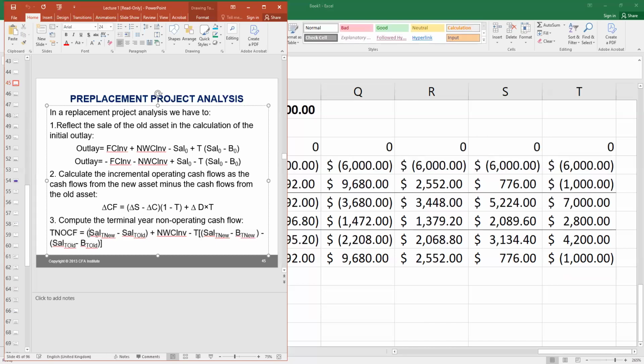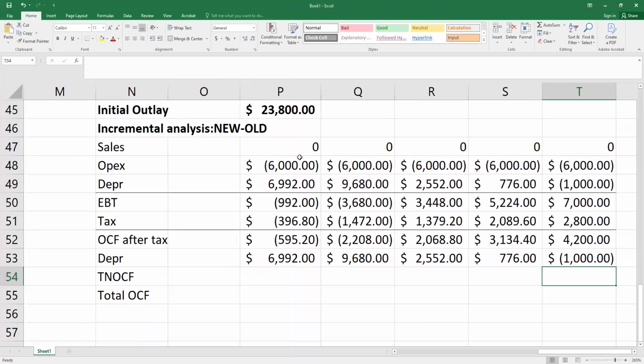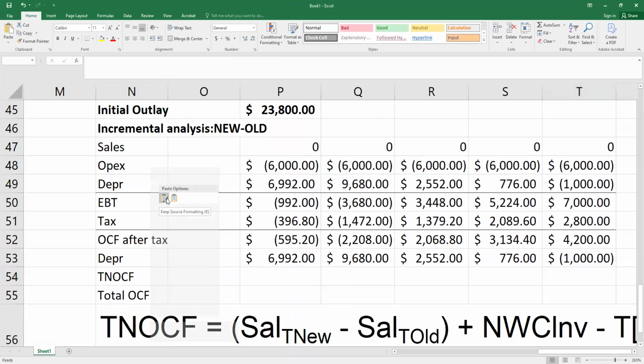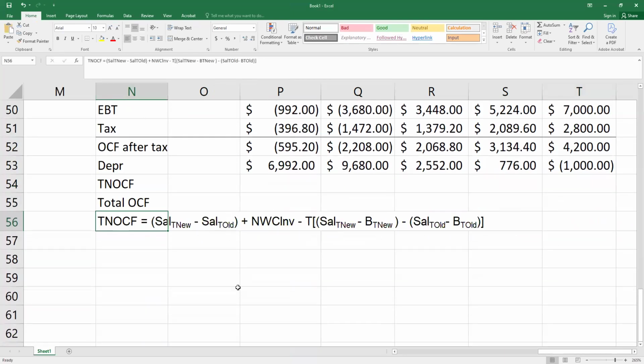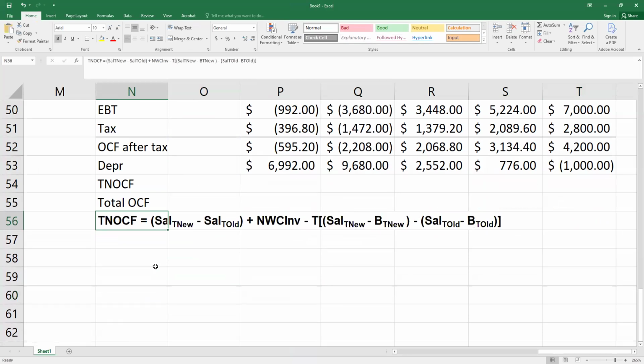Salvage of the new minus salvage of the old. I will copy it and paste it here. Now, let me calculate. First of all, salvage new.